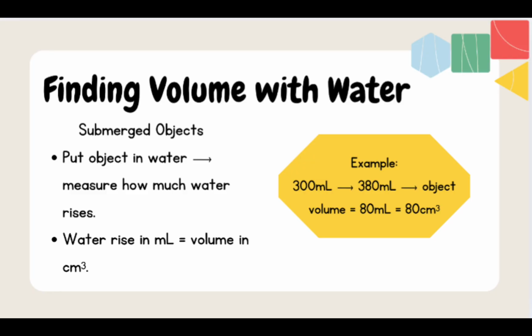After we put an object in it, it rises to 380 milliliters. To find the volume of the object, you have to do 380 minus 300, which equals 80 milliliters, which is the same as 80 cubic centimeters. So 1 milliliter is equal to 1 cubic centimeter.